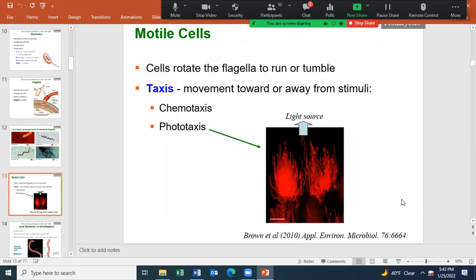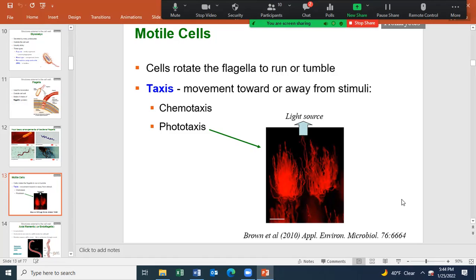And it looks like the cells are running or tumbling when you look at them under the microscope. And this can give the cell taxis, movement toward or away from a stimulus. So taxis is movement toward or away from a stimulus. We have two different types of taxis: chemotaxis, movement toward or away from a chemical stimulus, and phototaxis, movement toward or away from light.